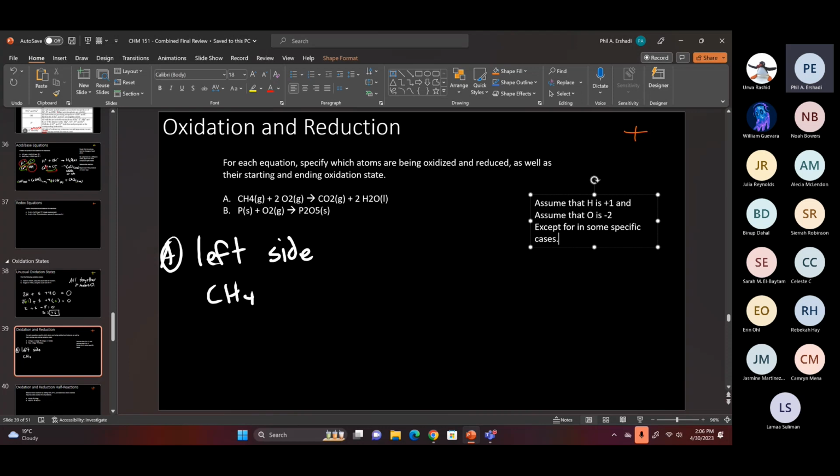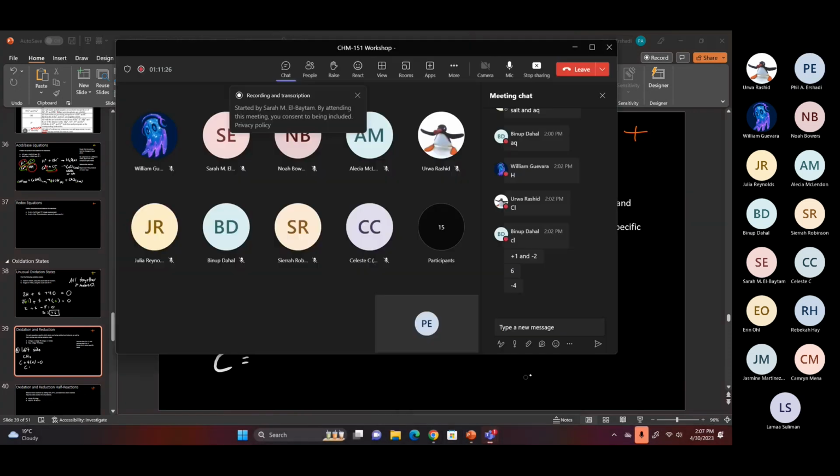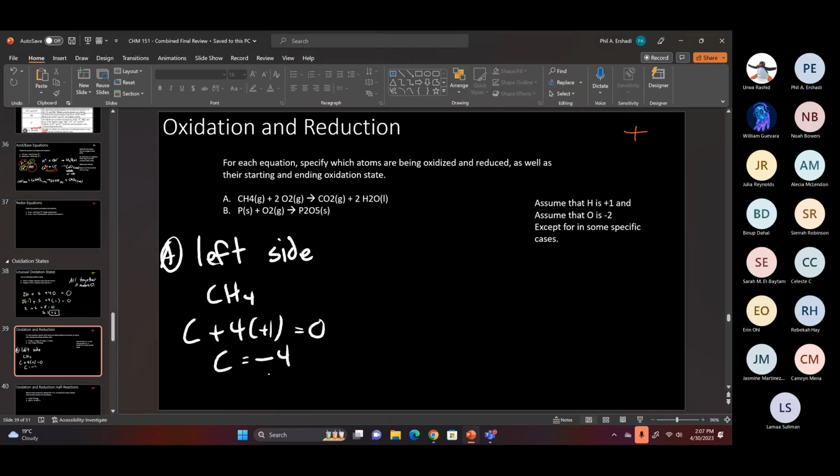I think they come in organic chemistry, but we'll deal with that when we get there. So, all right. If we assume H is +1 here, we'll have carbon plus 4 times +1 equals 0. If we solve that, what is the state of carbon? -4. Very good.